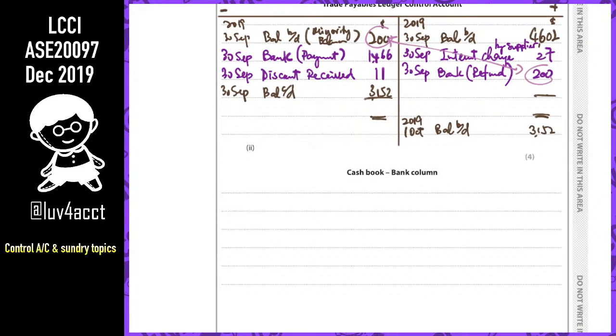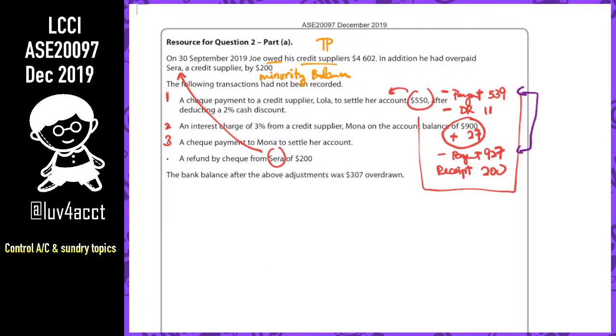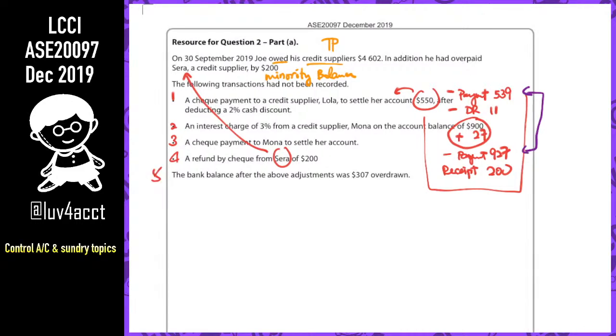Cash book bank column. We have two receipts and two payments and one receipt. Let's see what is given to us as well. Here, the last item, number 5, it says the bank balance after the above adjustment is 307 overdrawn.